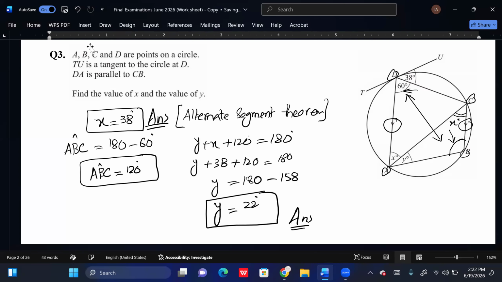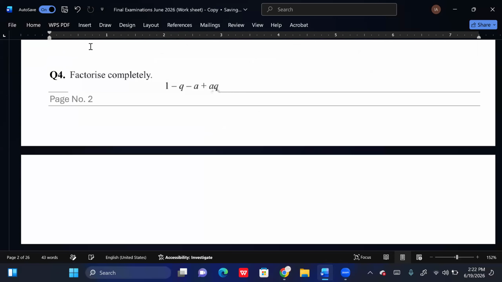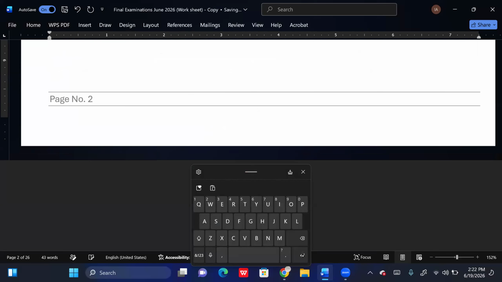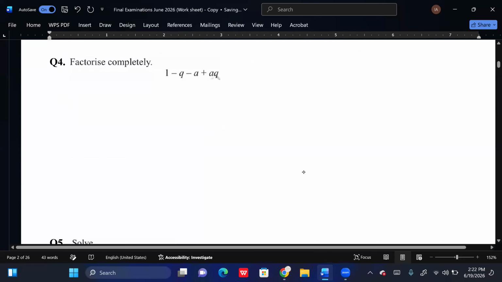Okay, let's see the next one. Now they ask you to factorize again. In this case, you can see there are four terms, so pair by pair, we will factorize.